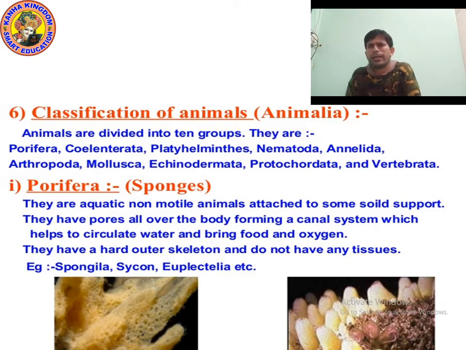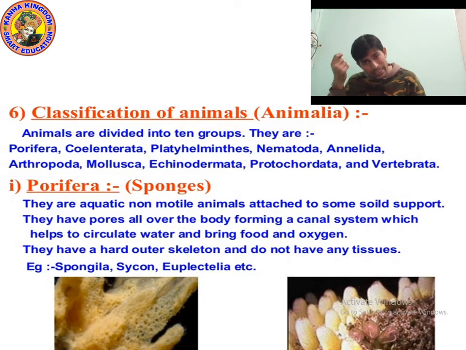Through this canal they bring food and oxygen. If we talk about their skeleton, they have a hard outer skeleton. Outer skeleton means exoskeleton. Actually we have two kinds of skeleton.